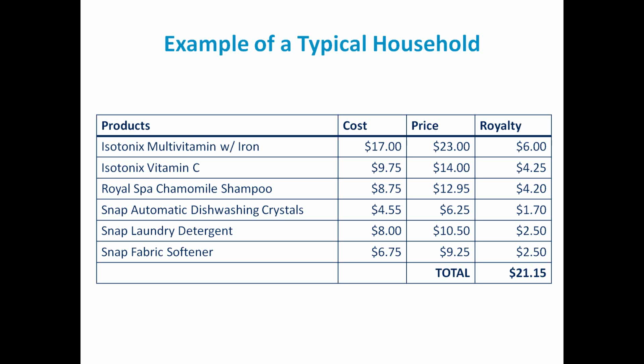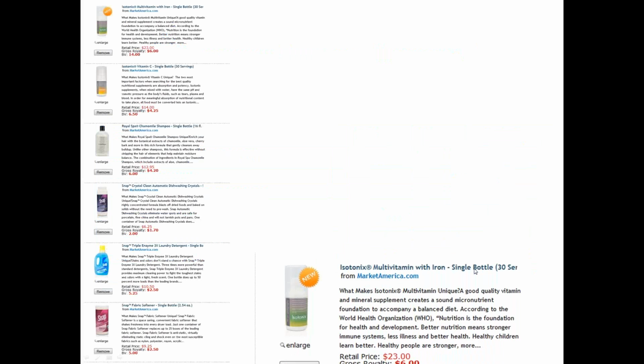So let's assume something basic if you're going to start supporting your organization. A multivitamin, a vitamin C, a shampoo, some dishwashing crystals, laundry detergent, and fabric softener. Everyone uses this. You use this. So again, take a closer look: cost, price, and then royalties, $21.15.